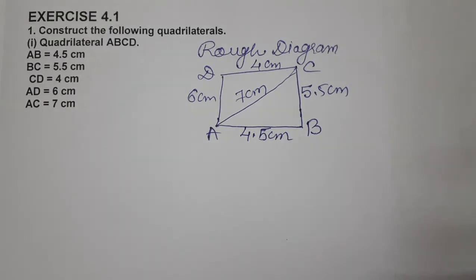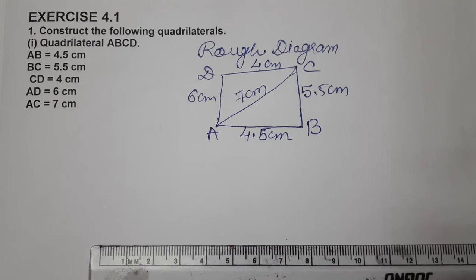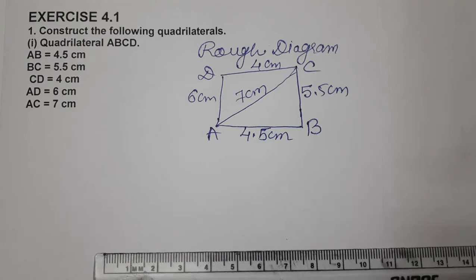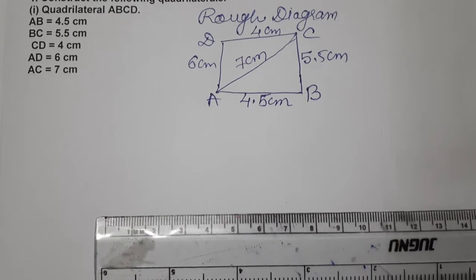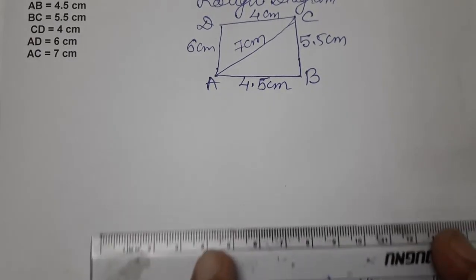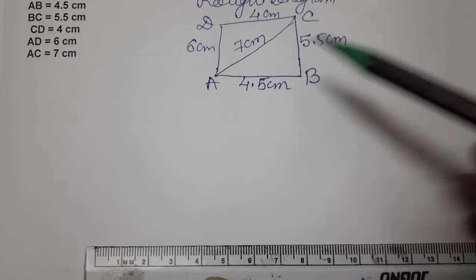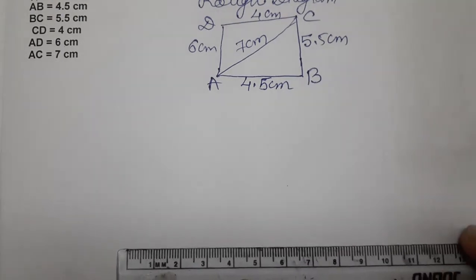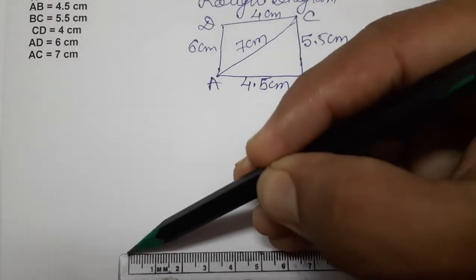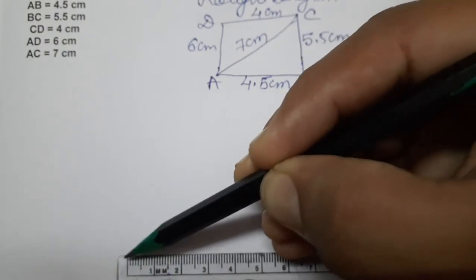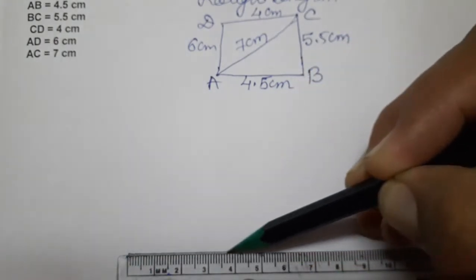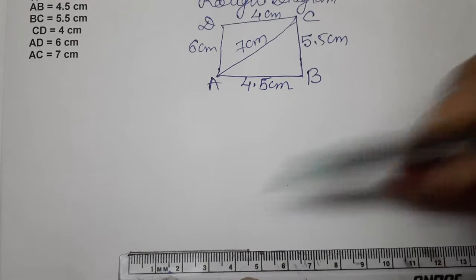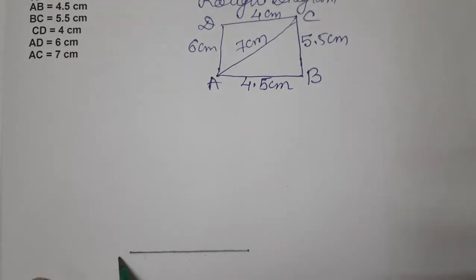Take ruler and pencil. What is AB? 4.5. So we start by making AB 4.5. This is AB 4.5 we have drawn.